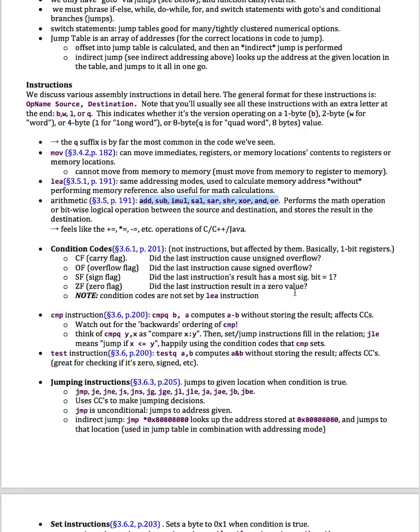CF is the carry flag, which is set to 1 if the last instruction caused a carry. If there was a carry, that means unsigned overflow. So when the carry flag is set to 1, there was an unsigned overflow in the last instruction.